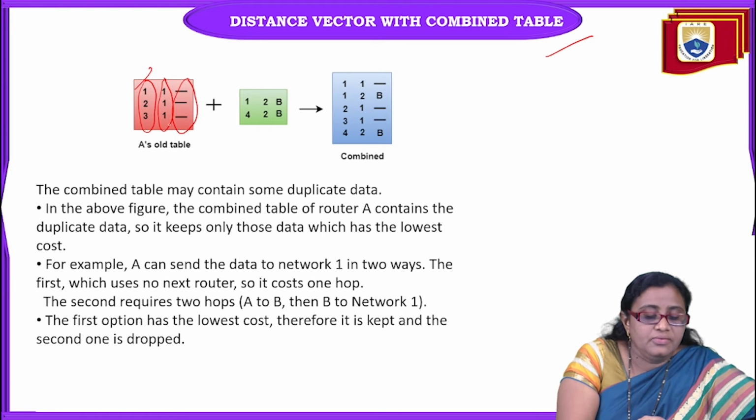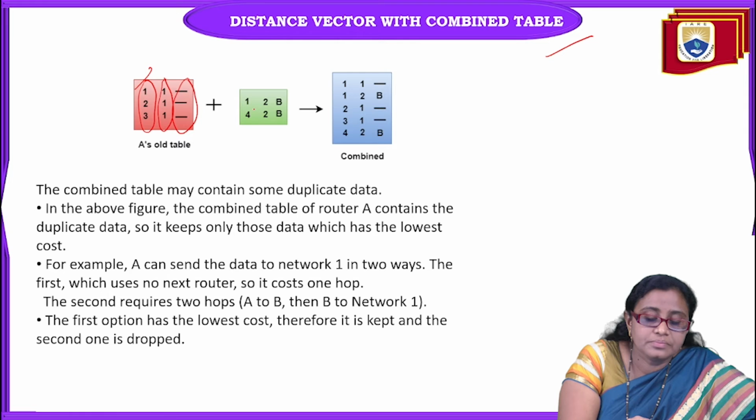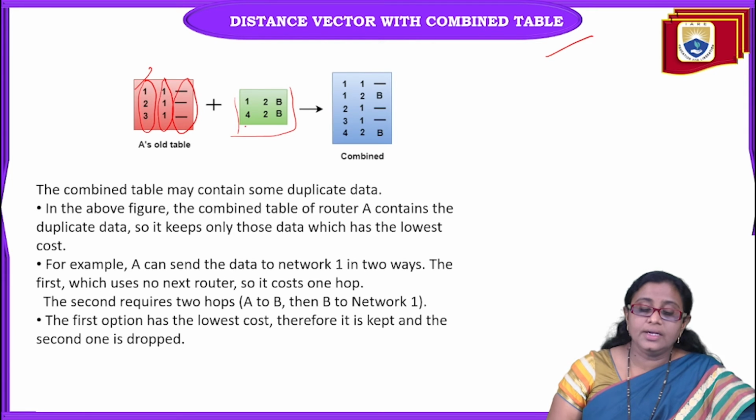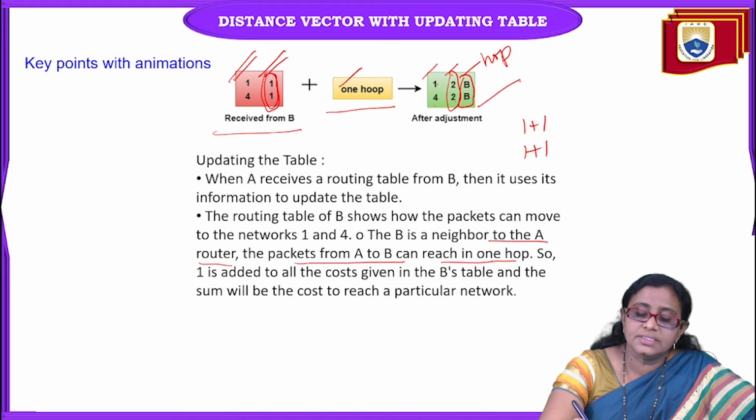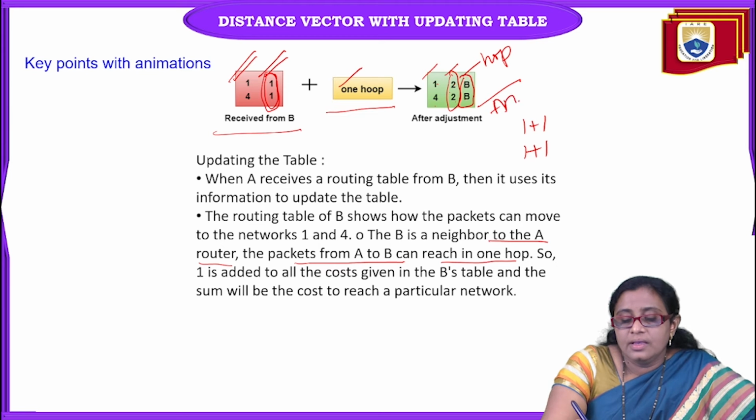A's old table consists of net ID, cost of link, and next hop. The hop is as we have already calculated in our previous table; this is the answer we got after adding one to the table. The resulting table will be this one only.